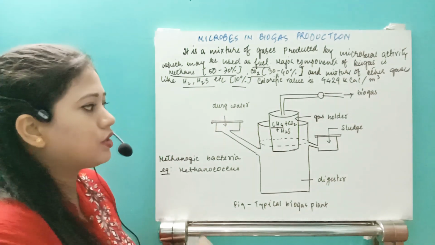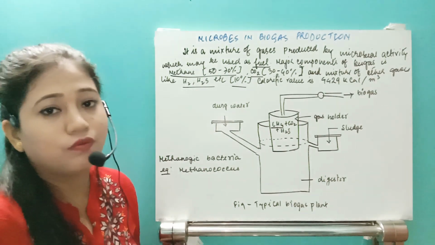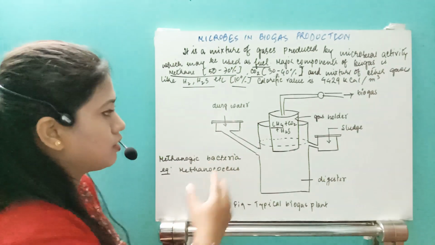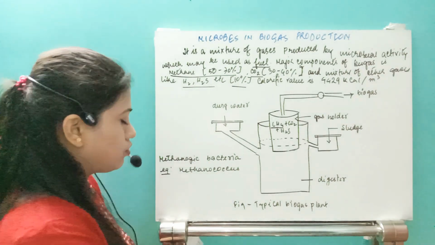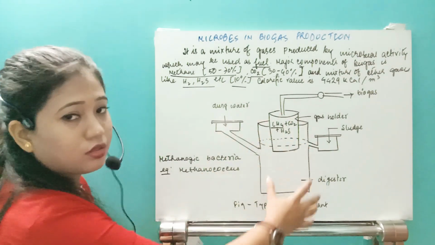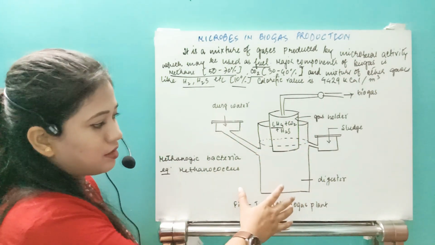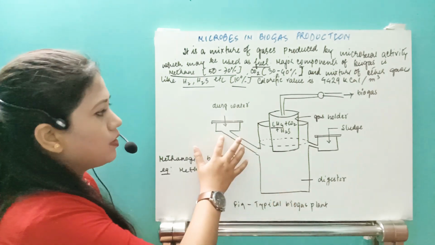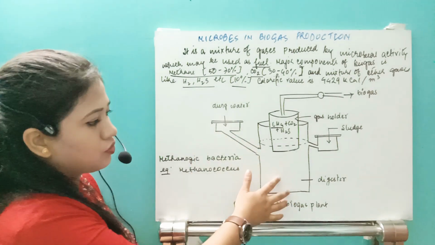Now we will see how this whole plant works. First of all, the plant has a complete biogas digester, and here we feed cow dung into the digester.